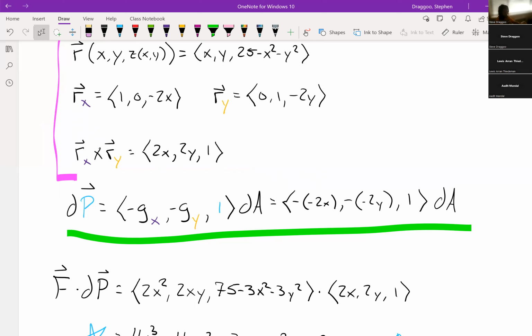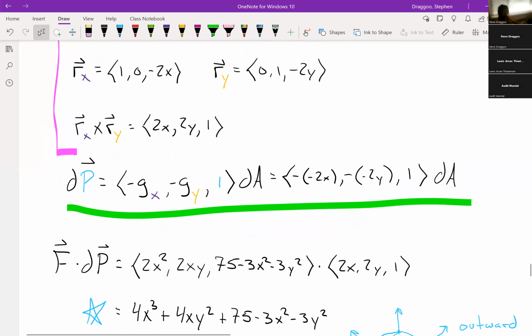So now you just do, z is a function of x and y. Maybe I call it g. A quick way to get that is negative g partial x, negative g partial y, 1. Calculate that out to get dA, and hey, look, I get the same vector that showed up when I did the cross product up above, which is all I really wanted to highlight there.